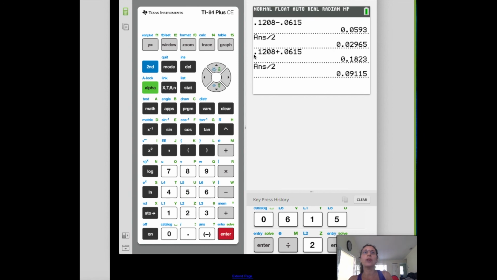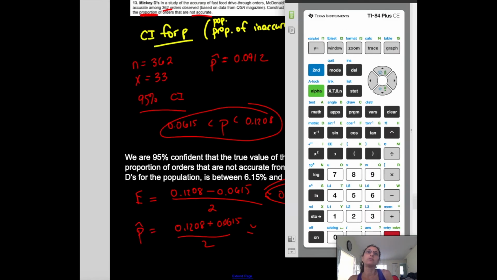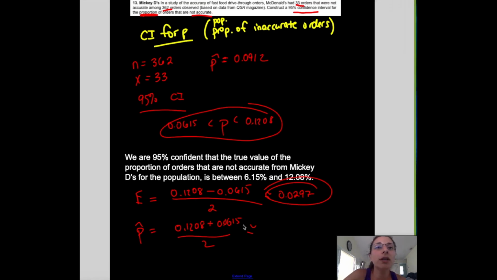That gives you your point estimate, 0.0912, same thing. Sometimes you're asked for your point estimate from a confidence interval, so you have to know how to separate them from there, or use the formula, whatever your preference.